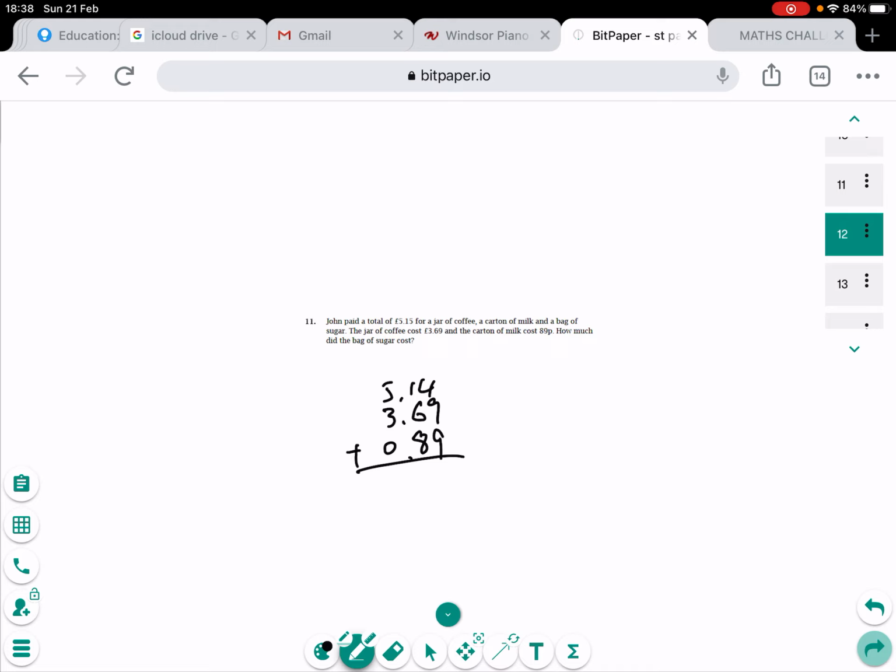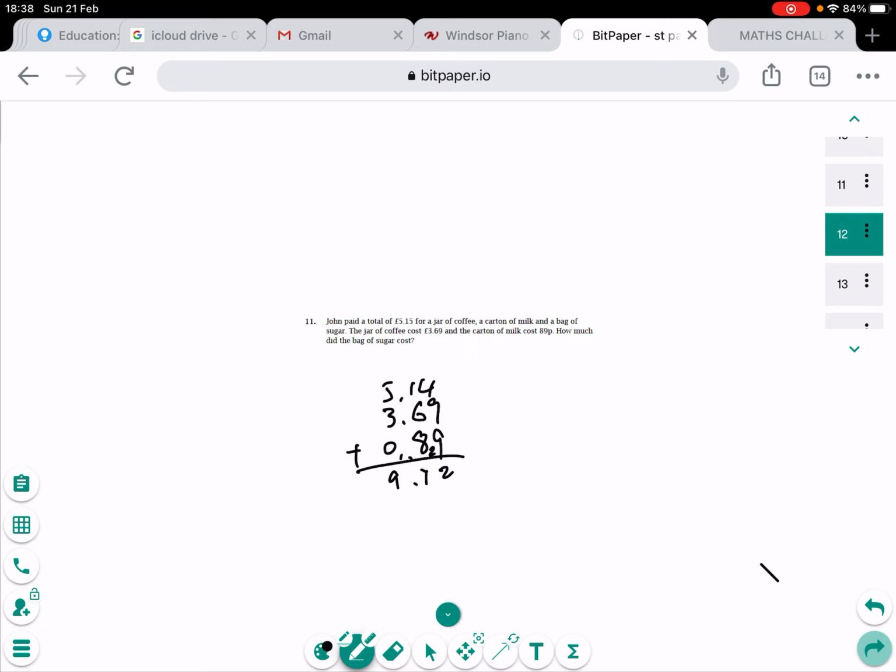So that becomes 13. 13 plus 9 equals to 22. And then it's 8, 10, 17. So that becomes 9.72.